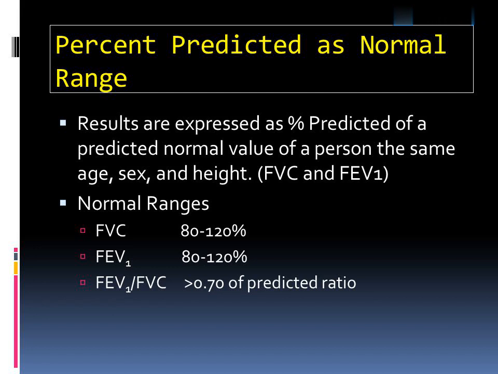Results are expressed as percent predicted of a predicted normal value of a person the same age, sex, and height. FVC and FEV1 normal range is 80 to 120%. FEV1/FVC greater than 0.70 of predicted ratio.